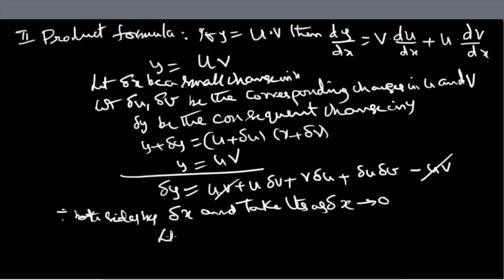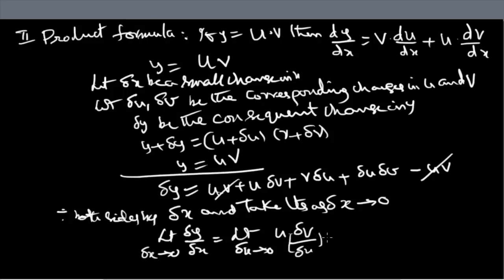So we write limit delta y by delta x tending to 0 is equal to limit delta x tending to 0. Here you must take care, whole divided by delta x means what? Delta x, you write delta v by delta x, delta u by delta x, and lastly below any one of them you can write u into delta v by delta x plus v into delta u by delta x plus, here below any one of them, you write.